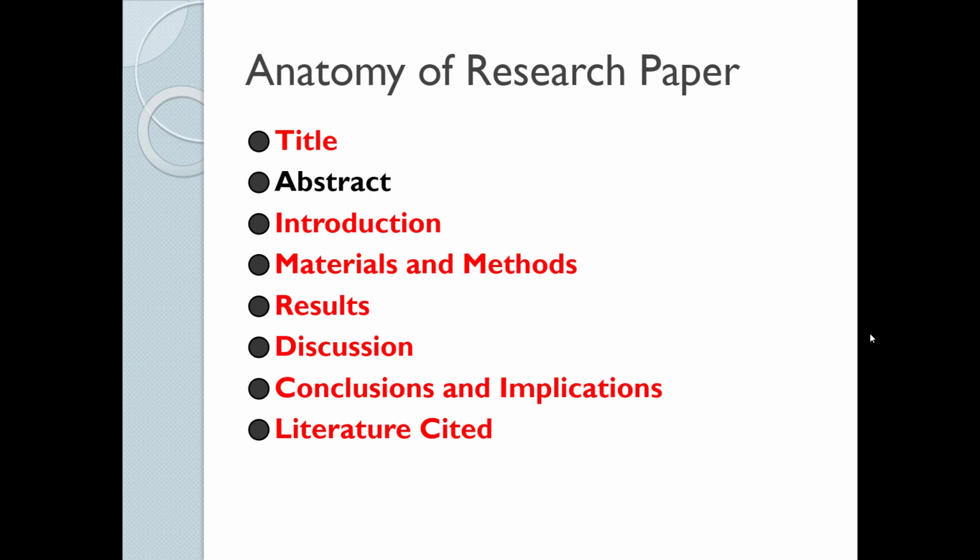Typically we're taught to write an abstract at the very end of pulling a peer-reviewed manuscript together. It doesn't always happen that way. I'll share my experiences a little bit later on. But this is what we're going to spend quite a bit of time talking about in this lecture.